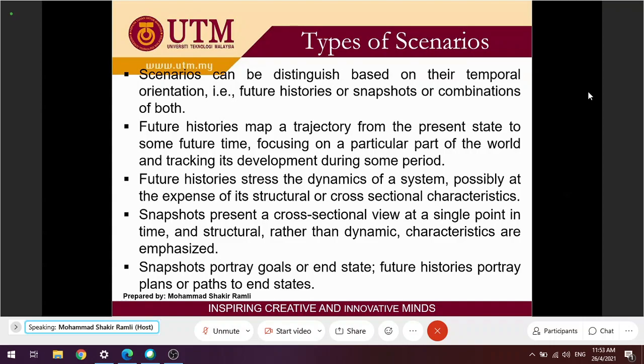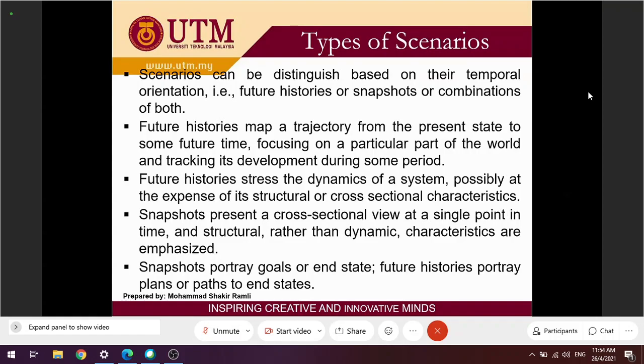There are types of scenario classified according to the time orientation. The first one is future histories, the second one is snapshot, and the third one is a combination of both future histories and snapshot scenarios.